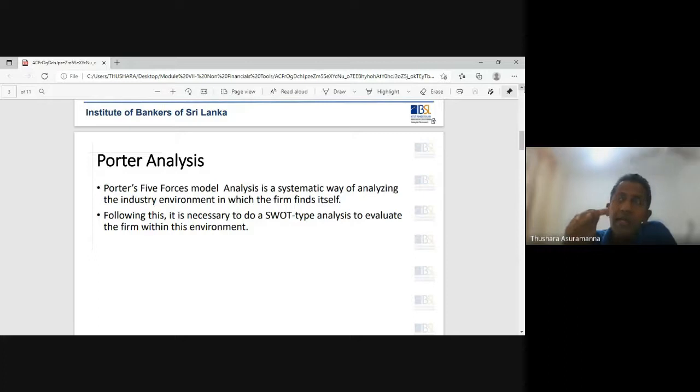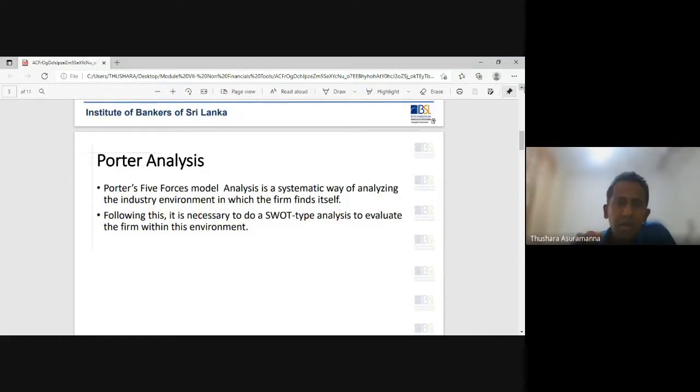Once you do that, you can go to the SWOT model to further understand other aspects of the firm in relation to the internal and external environment. Again, once you have done that, if you think the loan amount is high and it's a complex proposal, then you can undertake a PESTLE analysis.